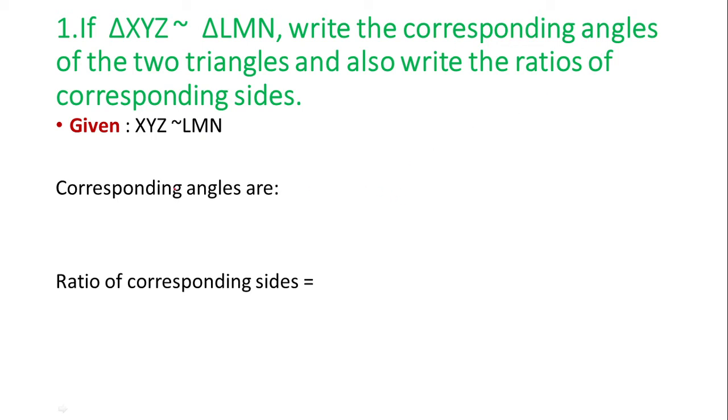Corresponding angles. Simply write angle X, angle Y, angle Z, split it and write one below the other with the prefix angle. Now leave a space and write in the same sequence L, M, N.